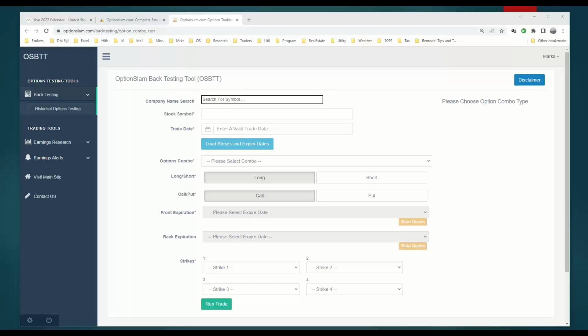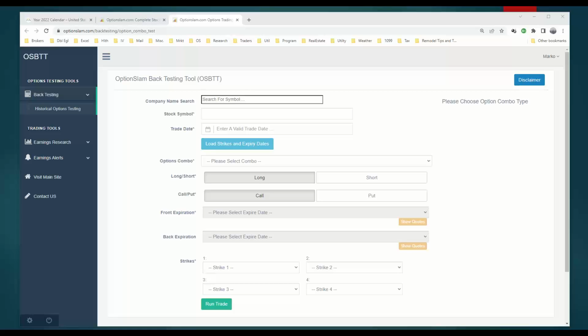So he was really truly exploiting the IV crush. He goes on to say the data in the weekly moves chart and data grid is good, but the data grid only highlights the maximum and end of day moves. And then he asks me if OSBTT or any of our information can dial in on intraday moves. And the answer is no.